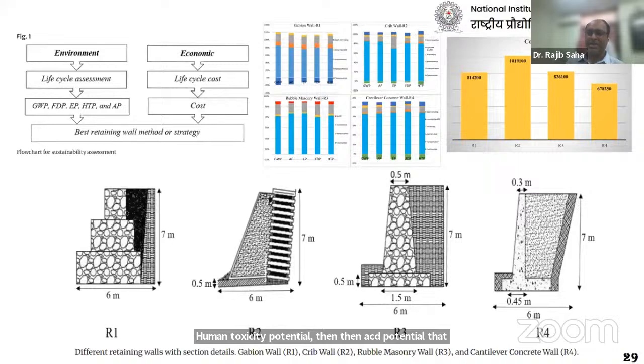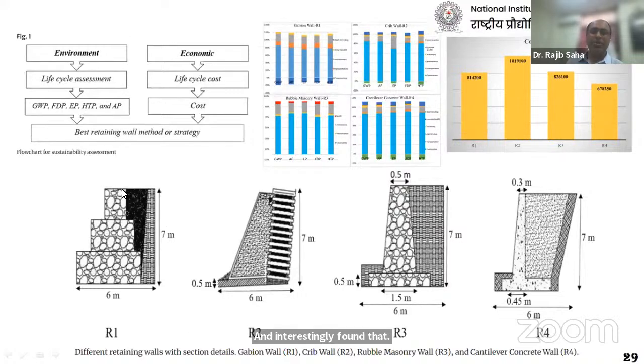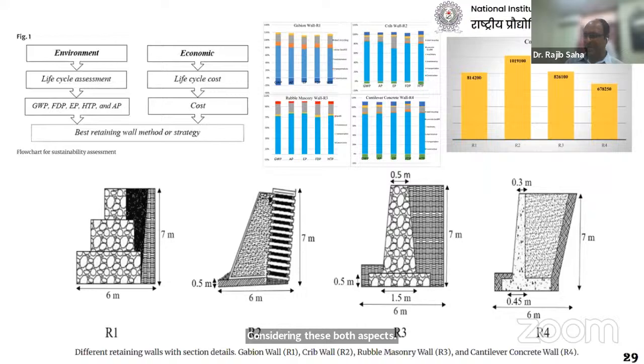A number of life cycle assessment factors were considered, and interestingly they found that R1, the Gabion type of wall, is the advantageous wall, which addresses sustainability in a better manner, considering both aspects, environmental as well as economical. So that was the abstract from this.